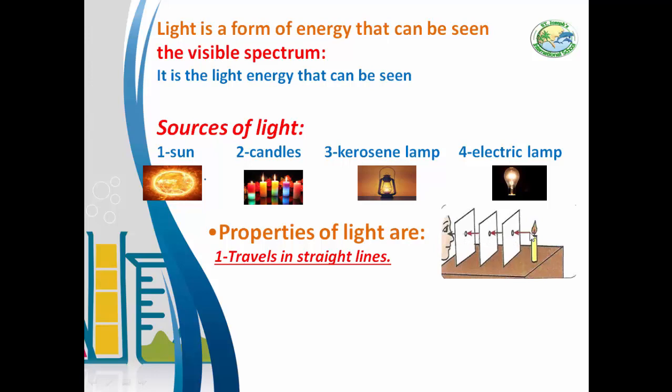To see the flame of the candle, the 3 holes must be in a straight line with the flame of the candle. So we can prove that light travels in a straight line.